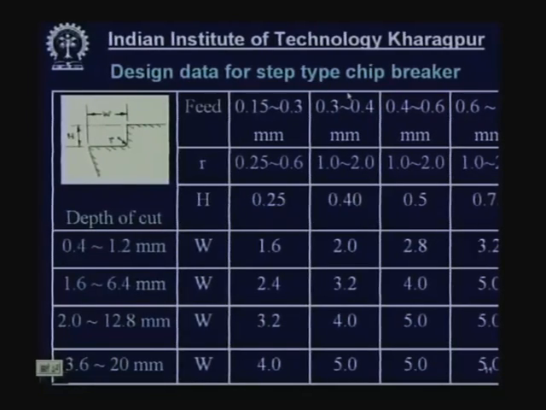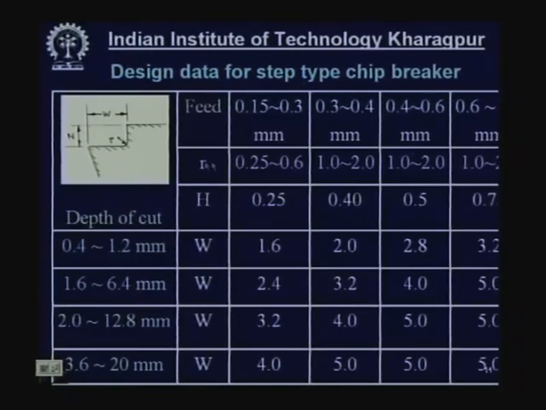This chart shows design data for a step type chip breaker. This is the step width W and this is the height H. So, these are the main parameters. Again, at this corner there is a radius of curvature, small r.